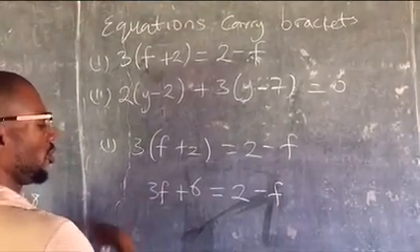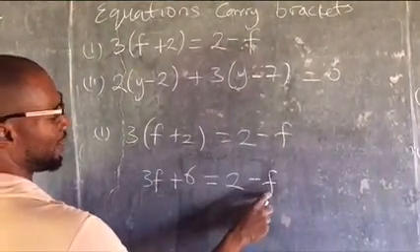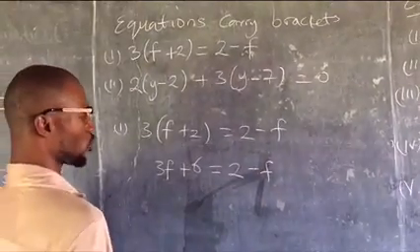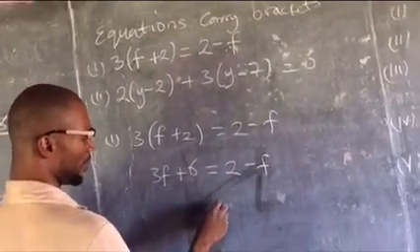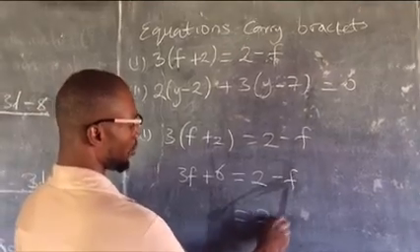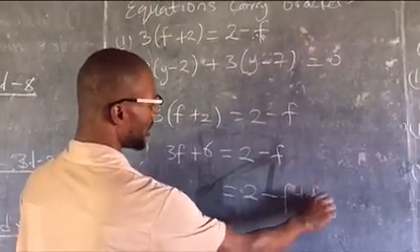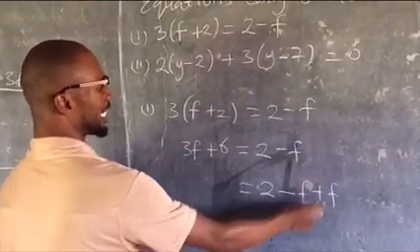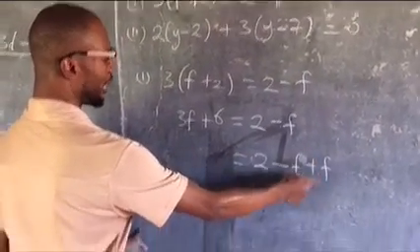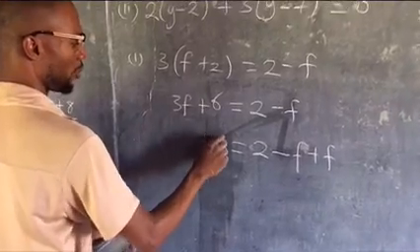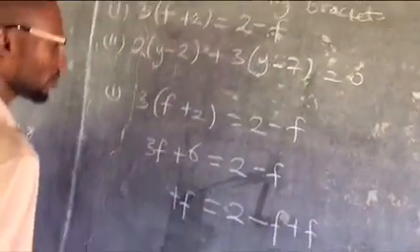Example, this f now, I want to make it 0. So I have this 2 minus f, I want to make it 0, so I will do plus f, right? So since I am adding f here to make f 0, I will bring it here. So I will get plus f, right?